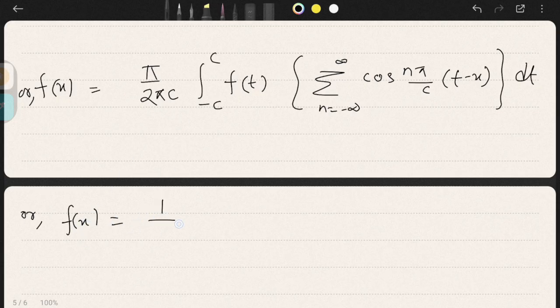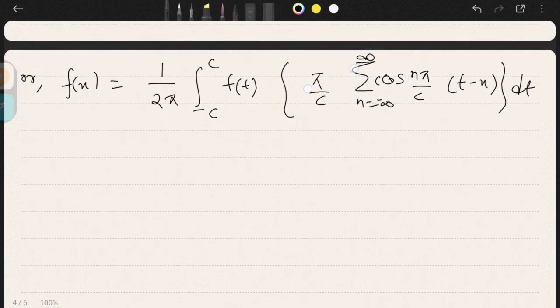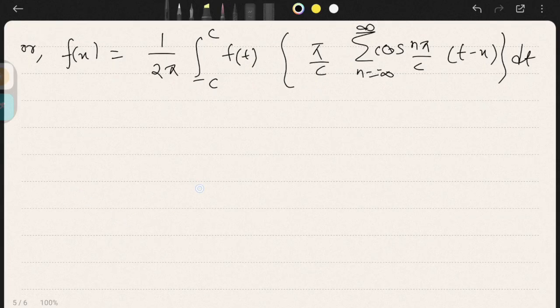We write it like 1 by 2 pi, integral from minus c to c of f of t, and we take the pi by c here, the same term, cos n pi by c times t minus x, dt.